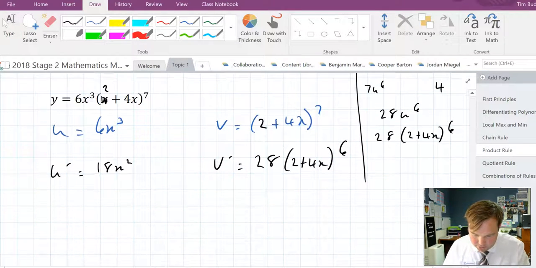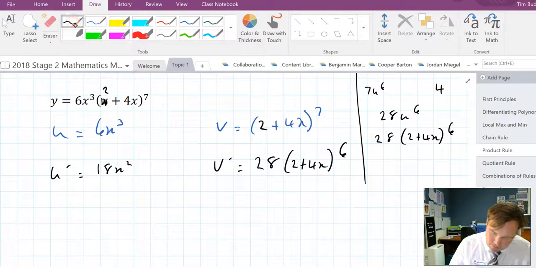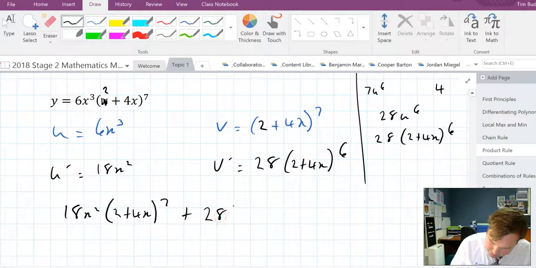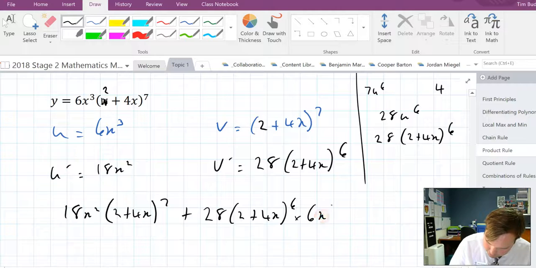And then chain rule. U dash v is 18x squared times 2 plus 4x to the 7, plus v dash u, 28 times 2 plus 4x to the 6 multiplied by 6x cubed.